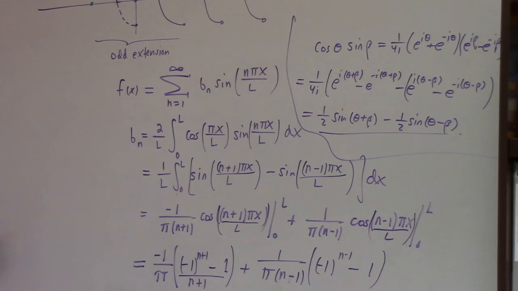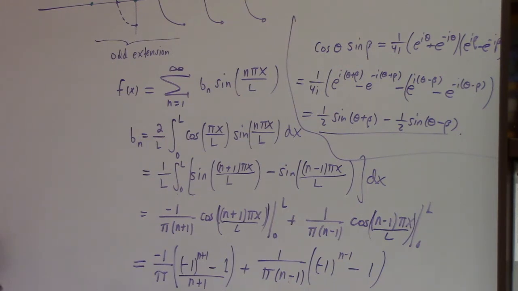So then what you do is make a common denominator, right? First of all, let me clean up just a little bit. This is 1 over pi times (n plus 1), right? Upstairs, I got myself a 1 minus (minus 1) to the n plus 1. I just multiply the minus through. And then over here, 1 over pi (n minus 1), fine, minus (minus 1) to the n minus 1.